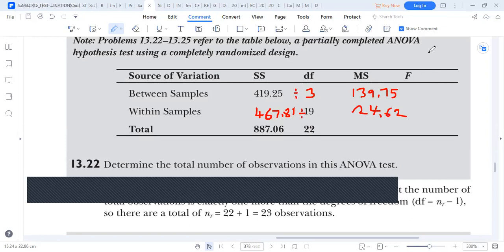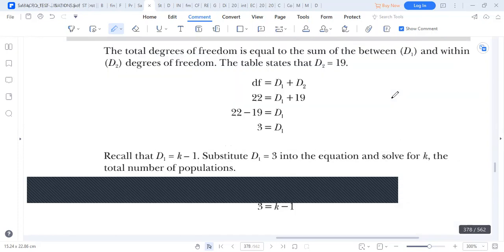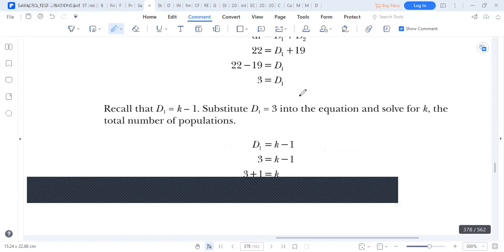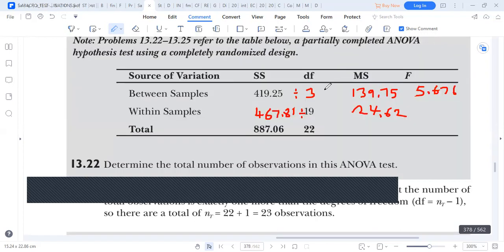Okay. Then here. Thank you. 5.66. I rounded up. So let's verify your answers. 3, which one is this one now? That's a 3 you got.